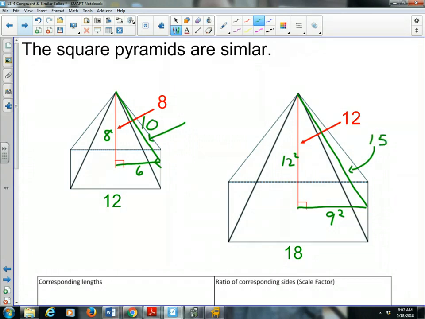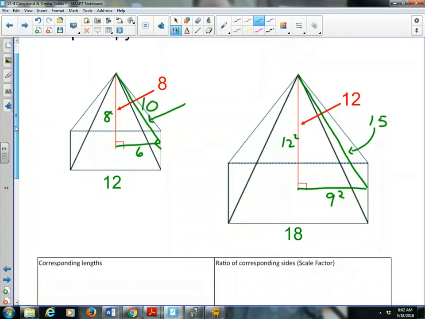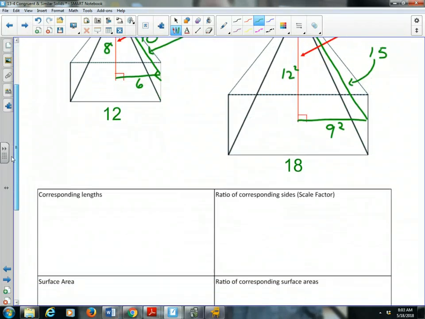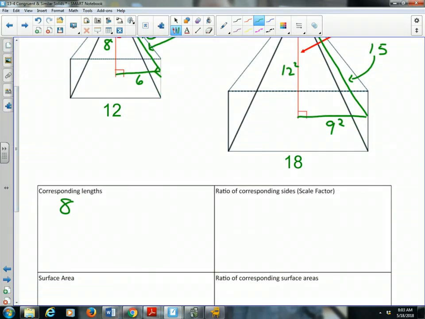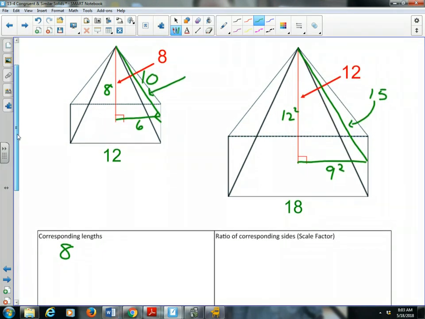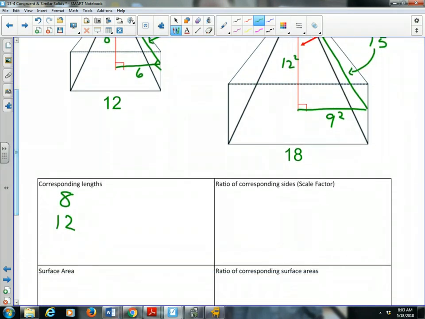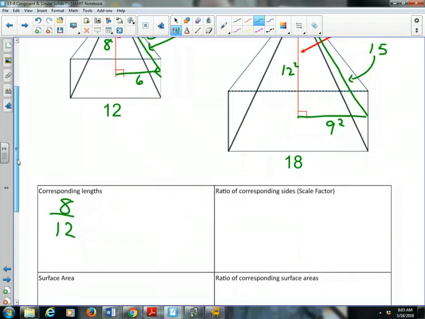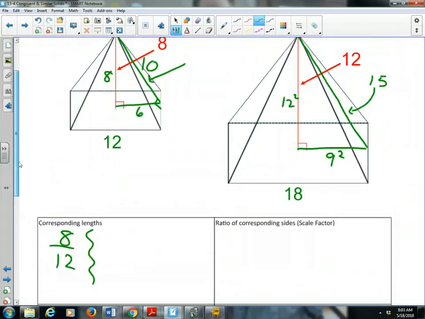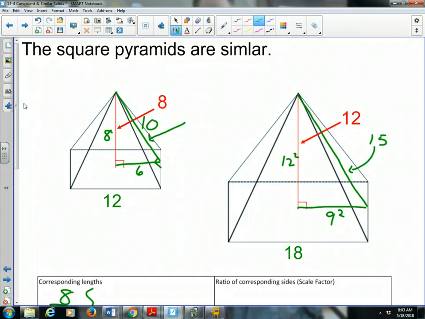Now let's compare all of their corresponding sides. The height of the left pyramid is 8, and the height of the right pyramid is 12, so 8/12. The length of the base isn't given, but it's a square base, so it's 12 by 12.